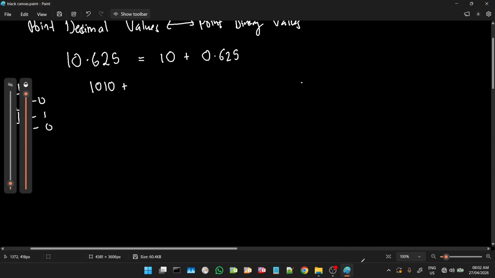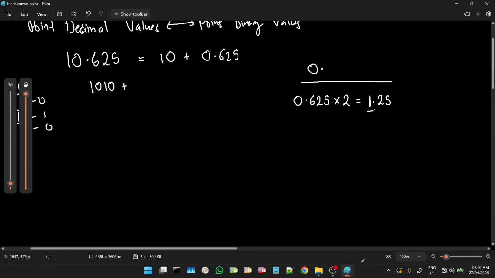Well, here's how you convert the number. Any point value, 0 point, is also 0 point in binary. So you're going to take 0.625 and multiply it by 2. You're going to get 1.25. This whole number is the only number that you want to record.